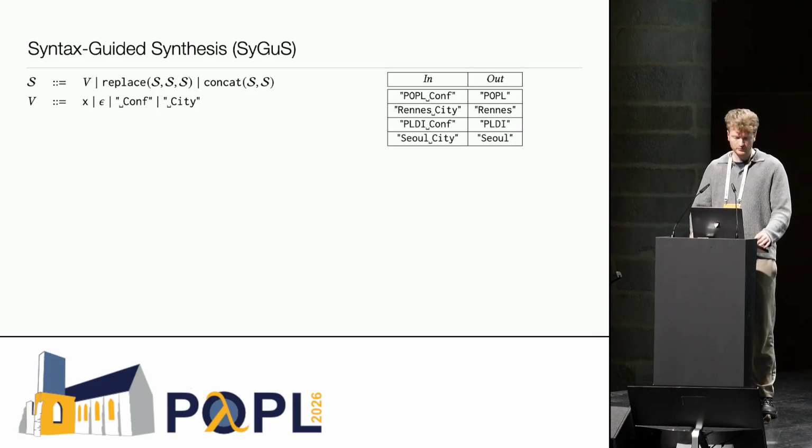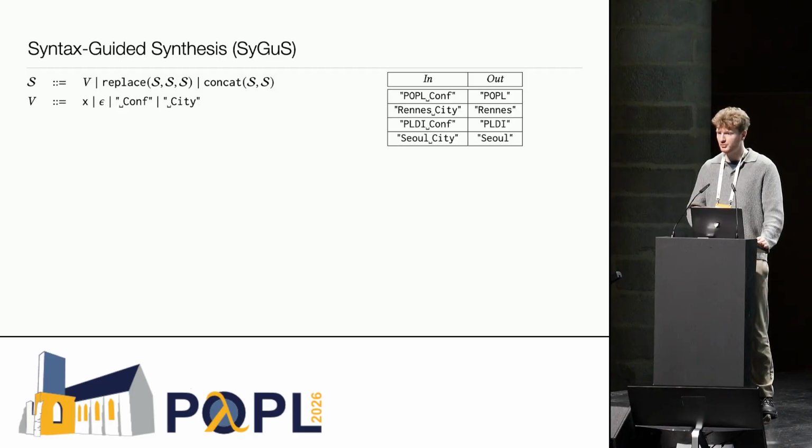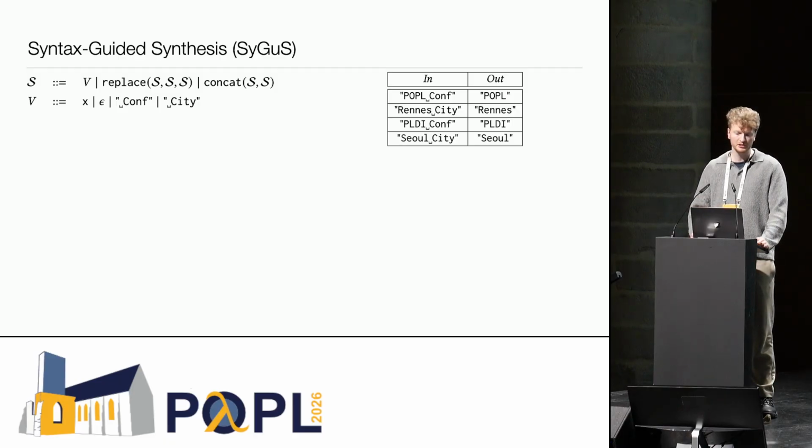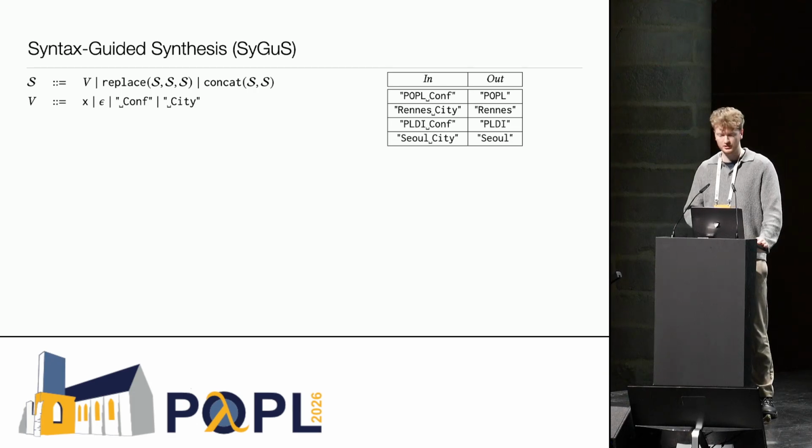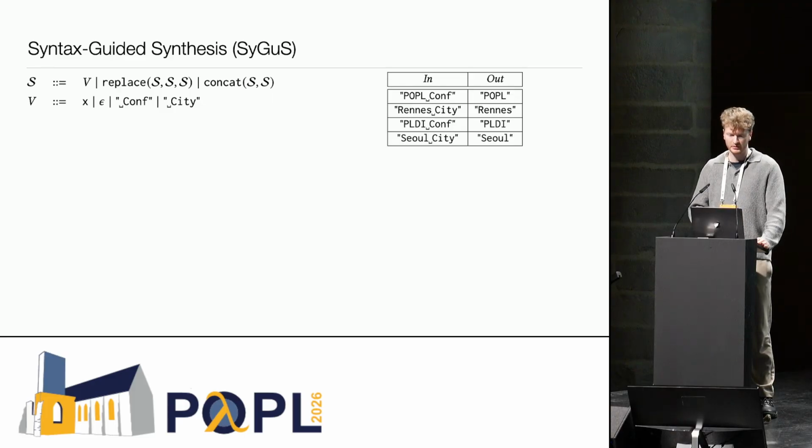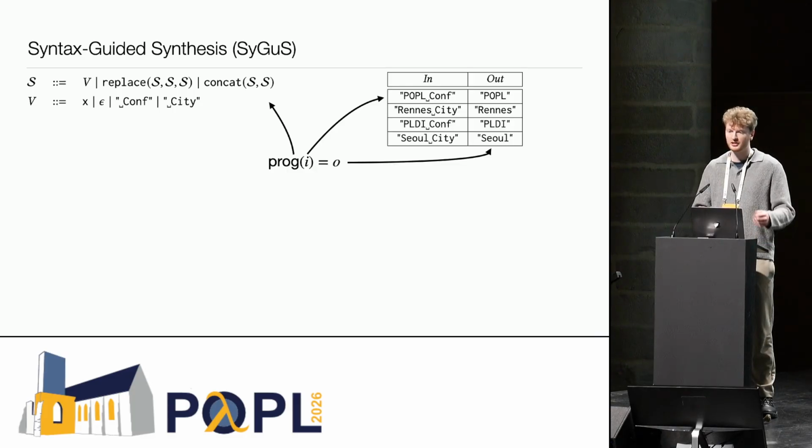And this grammar allows us to return the input variable x, the empty string epsilon, conf or city. We can use the replace operator, which I will explain later, and we can use concatenation, which is just the usual string concatenation. And our task now is to find a program inside the grammar that converts each input into its corresponding output.